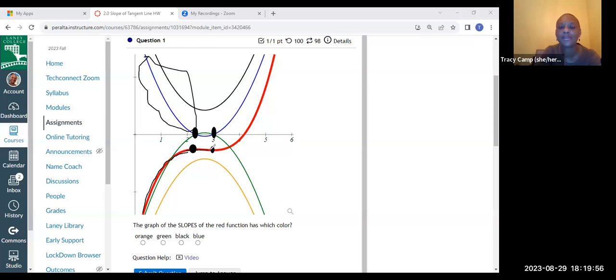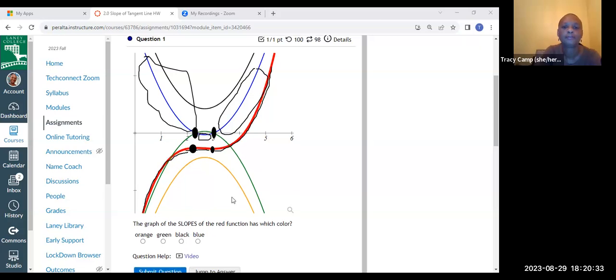It's not a steep hill at that moment, and right there the blue curve is a little bit below the x-axis, which means it's negative, which means the original function is decreasing. Then we go back to increasing, going uphill, and the blue curve is above the x-axis right there. So I'm going to go with blue as my answer for this one.